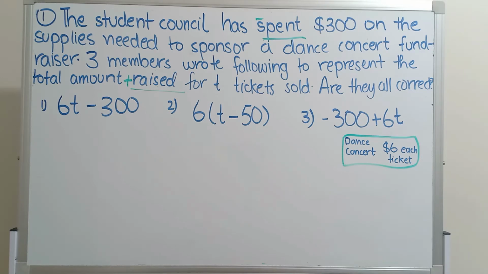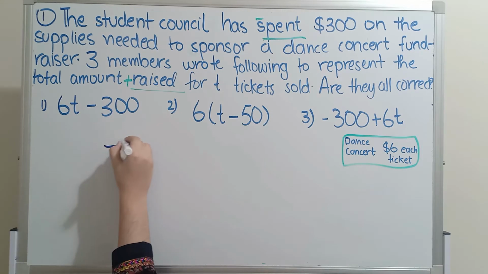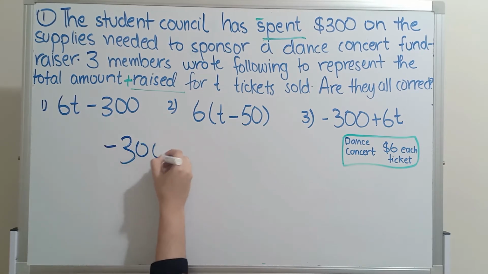First, we are given three expressions, and we need to see if all of them are correct. So first, let's create an expression of our own. We need to know how much they spent. They spent $300, so that is going to be subtract 300.